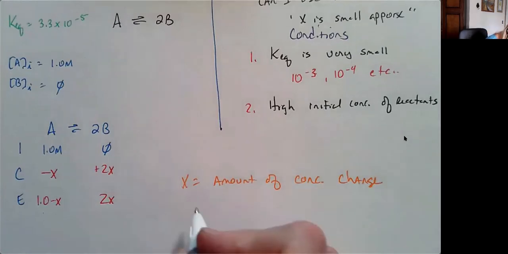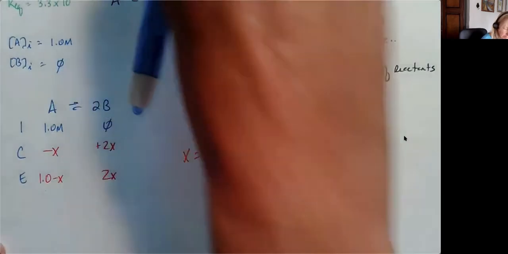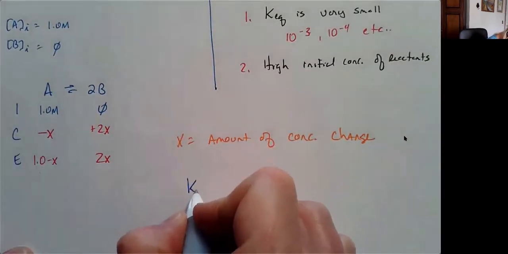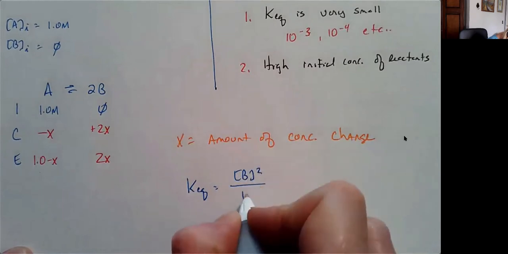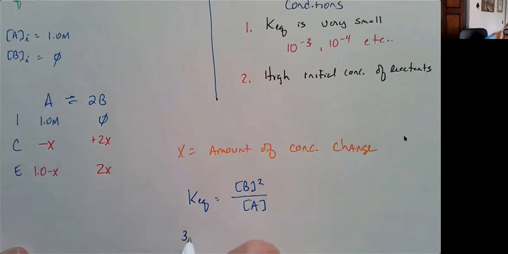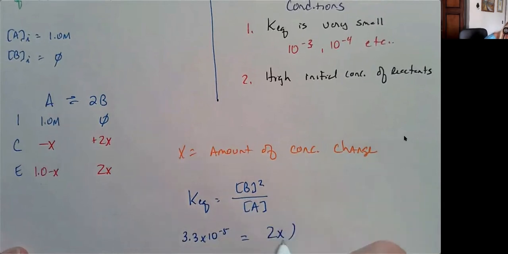So I'm going to write my law of mass action. I'm going to do everything the same in the beginning. I did my ice table. I'm going to write my law of mass action, B squared over A. Now I'm going to take my values and plug them in. So KEQ was 10 to the minus 5th. B, that's going to be 2x squared over 1.0 minus x.